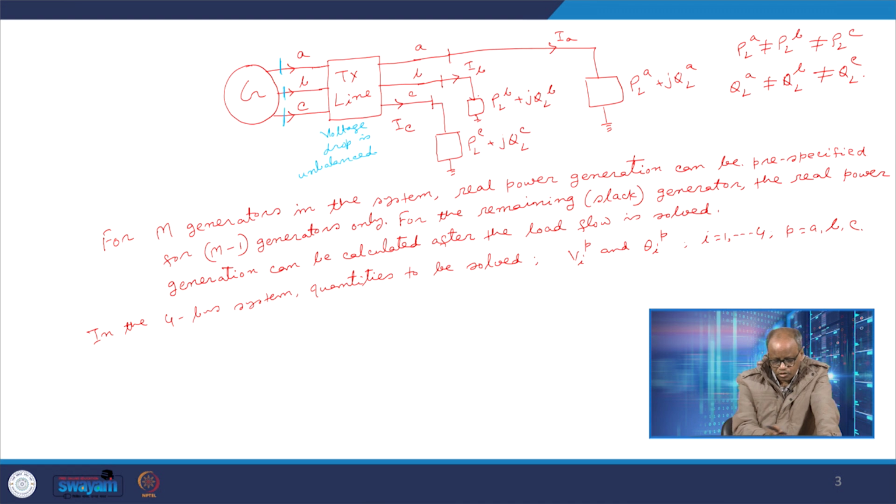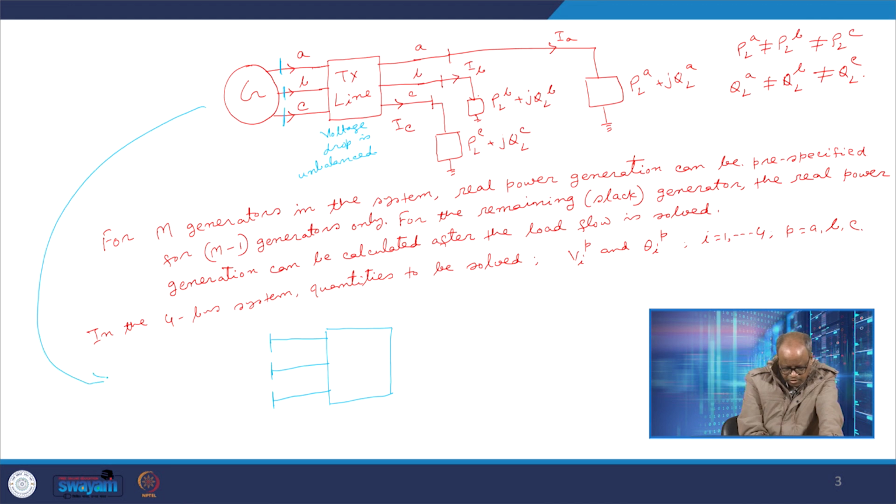So this two bus system we can represent like this. Let us say this is my generator terminal bus, and then I have got a transmission line.